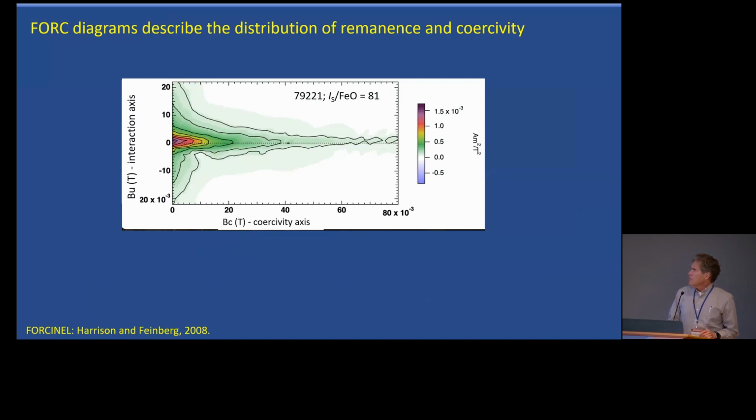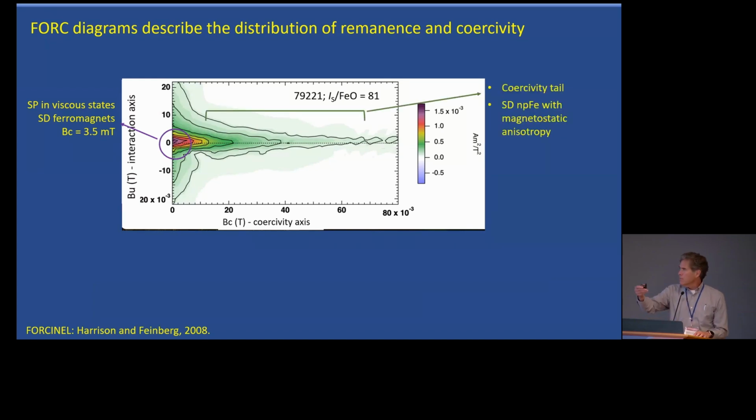So this is a FORC diagram of Apollo, a very mature Mare soil. The vertical axis is the interaction axis. The horizontal axis is the coercivity axis. And from this contour plot, we can deduce the following things. First of all, there's a center peak at the origin, effectively, that is due to the superparamagnetic or single domain ferromagnet particles.